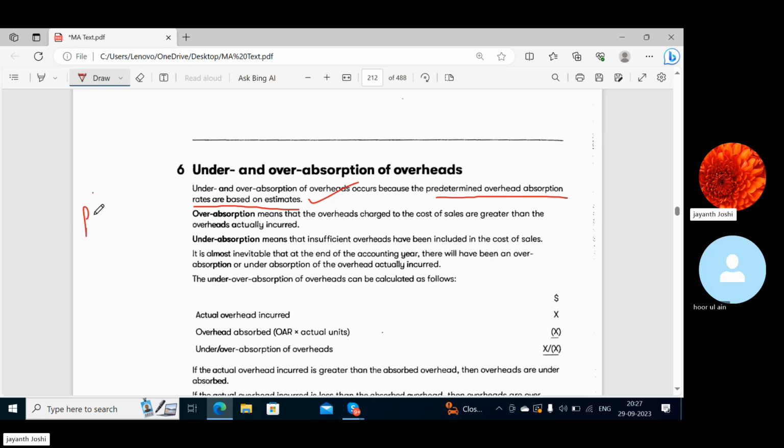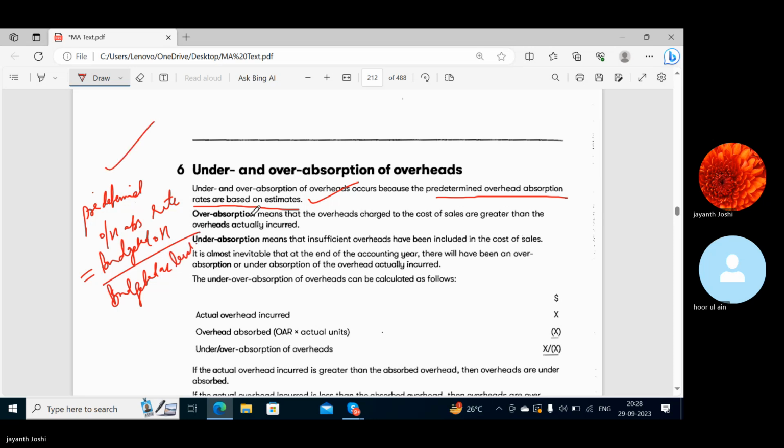So predetermined overhead absorption rate is equal to budgeted overhead divided by budgeted activity level. Okay, this is what we discussed.